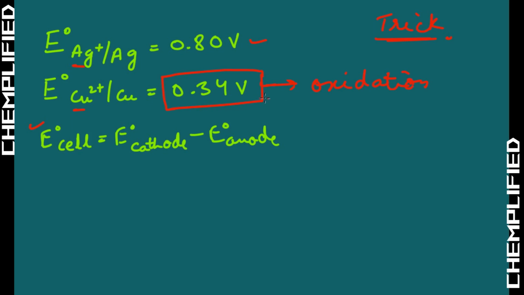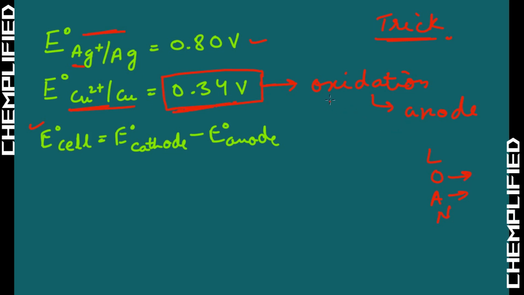The one which has a lower value will undergo oxidation, and you know that oxidation takes place at the anode by your trick LOAN, right? Just remember, the lower value will undergo oxidation. Since this value is lower, you can say that copper will undergo oxidation and silver will undergo reduction.